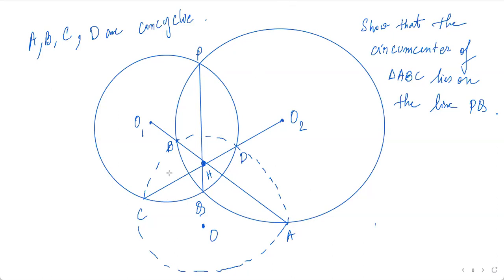And then if I join all these centers, then all I can say is that the radical axis and the lines joining the centers will be perpendicular to each other.